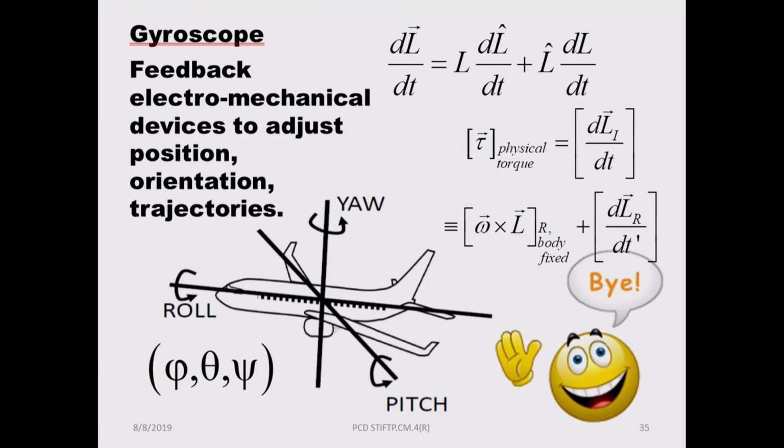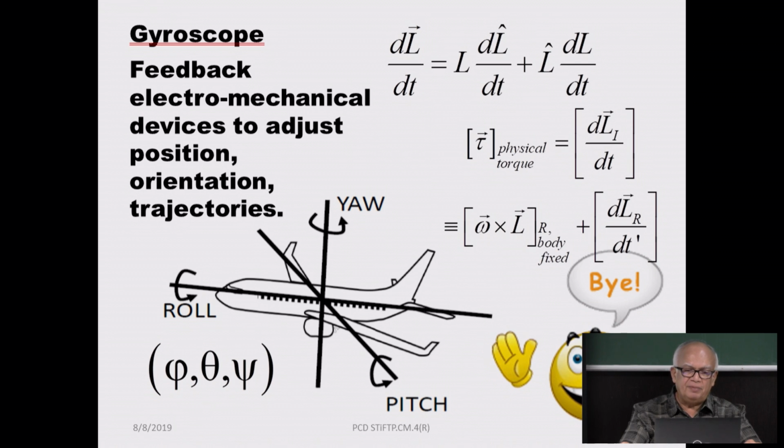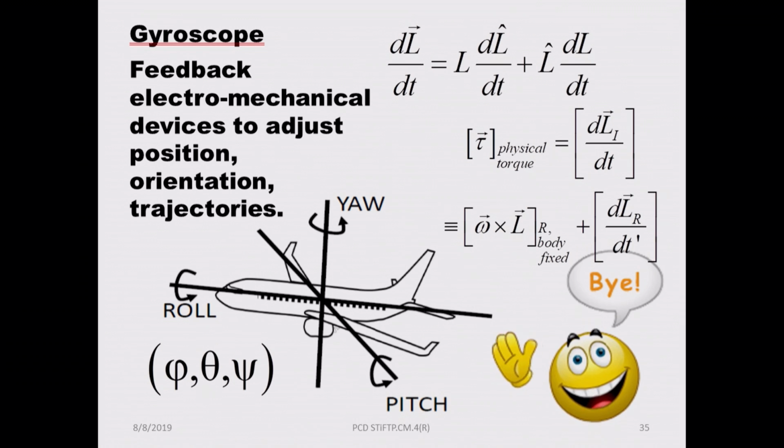And these are the rotations which are involved in controlling a plane, for example. There are these 3 axes which I mentioned at the very beginning, and in the context of aerodynamics, these angles are often referred to as yaw, roll, and pitch.